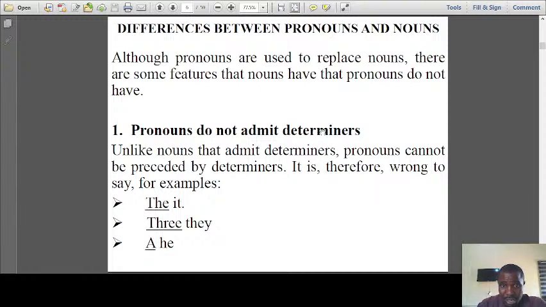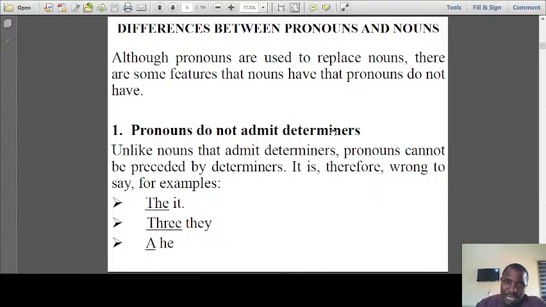Only that there is a little difference between determinants and adjectives. Now, we have said pronouns do not admit determinants. Nouns will admit determinants, especially common nouns. Proper nouns will not admit determinants, but common nouns will.